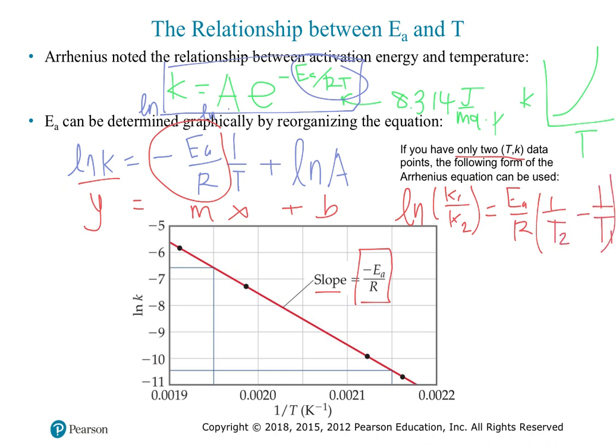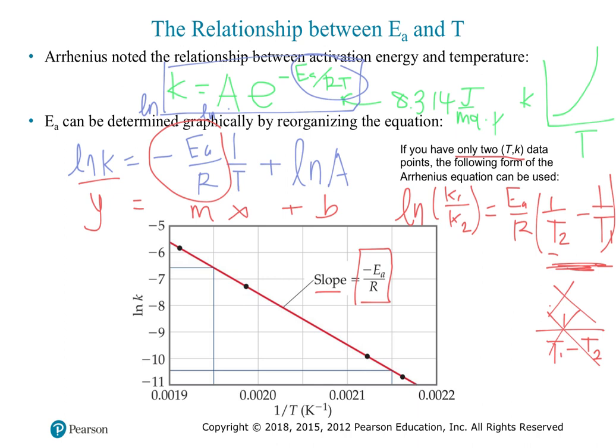And keep in mind, you can't just combine these two temperatures, so don't do 1 over T1 minus T2. That doesn't work. You want to take the inverse of your temperatures and subtract those numbers from each other. Then whatever you get for that, you'll multiply by negative Ea over R.